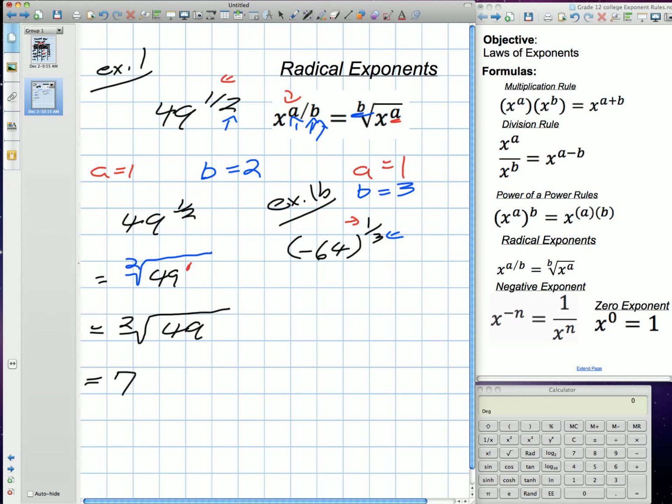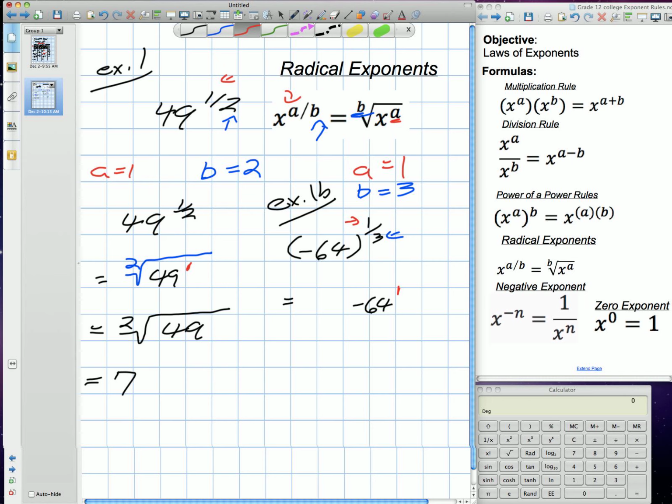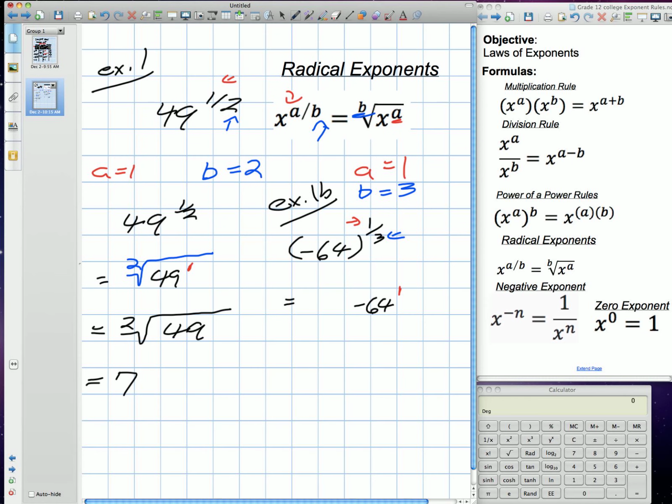So when I go to rearrange this, we're going to have negative 64 to the power of 1. That's our a value. This time we're looking for the third root. So a number multiplied by itself 3 times is going to equal whatever's underneath here. I'm going to evaluate what's underneath. What is negative 64 to the power of 1?